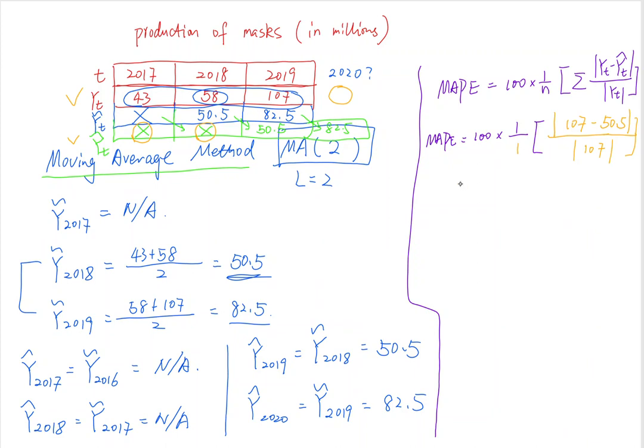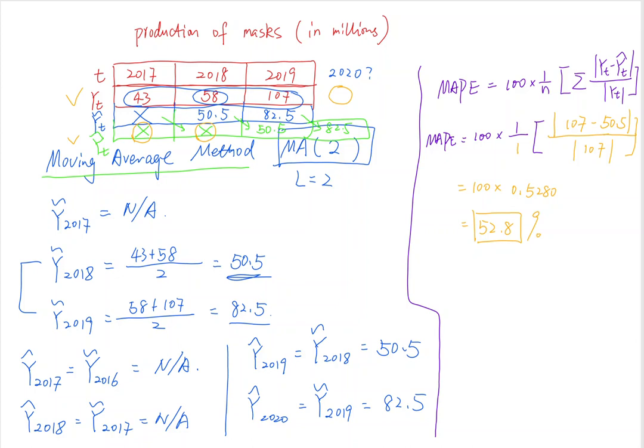All right, so after you calculate this, 100 times 1 over 1 is 1, so it would be 0.5280, so it will be 52.8. So this is the percentage of the residual, the error.